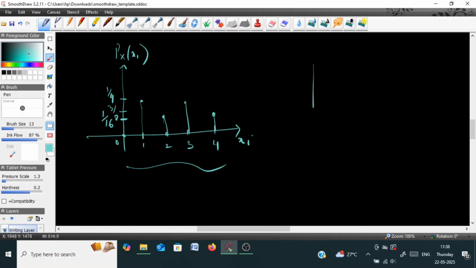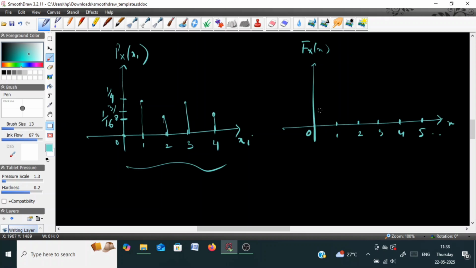And then if you plot the CDF, x versus F of x, so you have 0, 1, 2, 3, 4, 5, and so on.